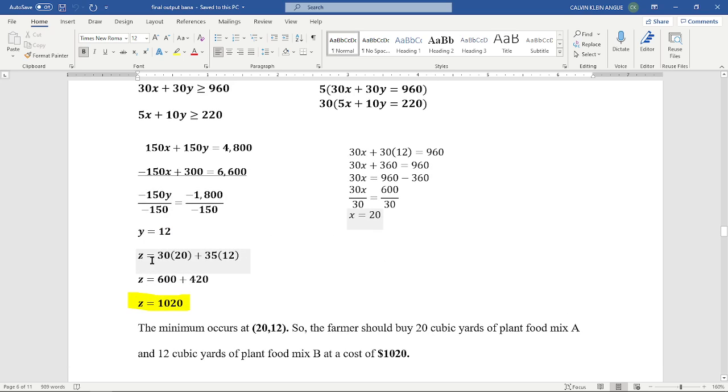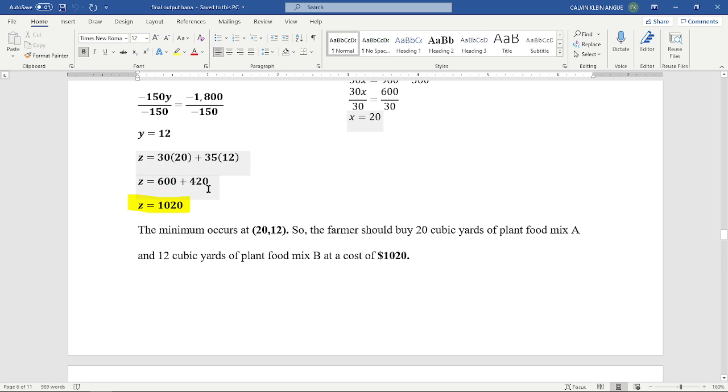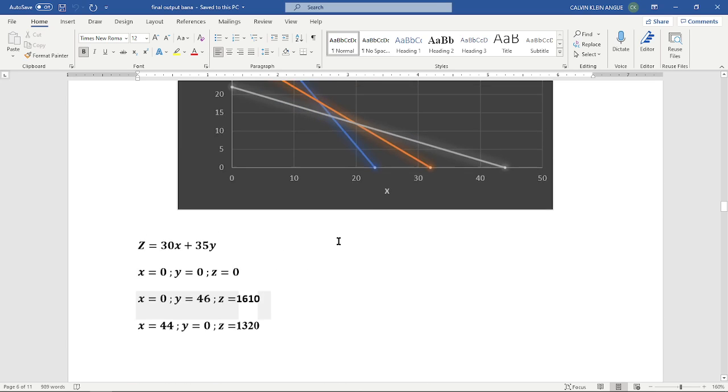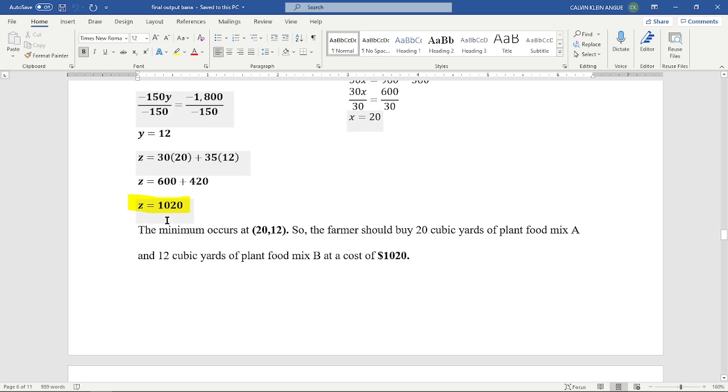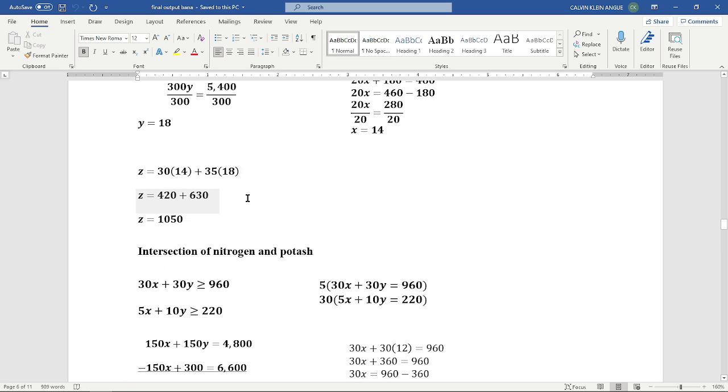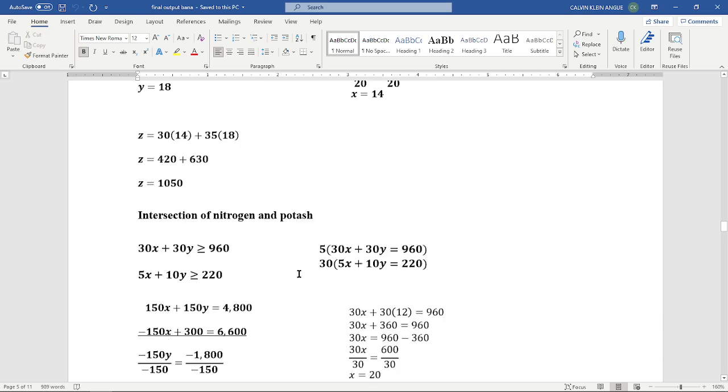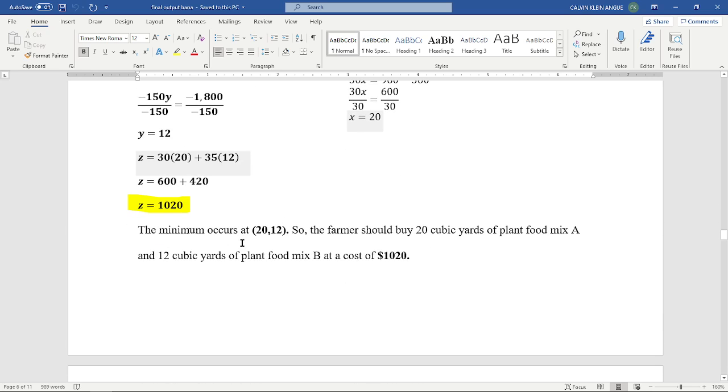So then we substitute it in our objective function. 30 times 20 plus 35 times 12, it will be equals to 600 plus 420, it will be equals to 1020. So it has the least of the cost because it is the smallest, 1020 among the 4. So the minimum occurs at 20 and 12.